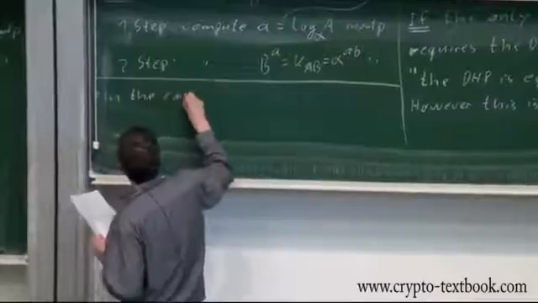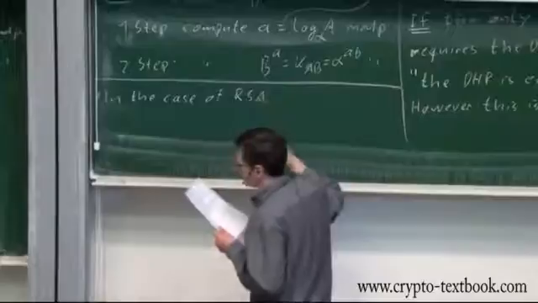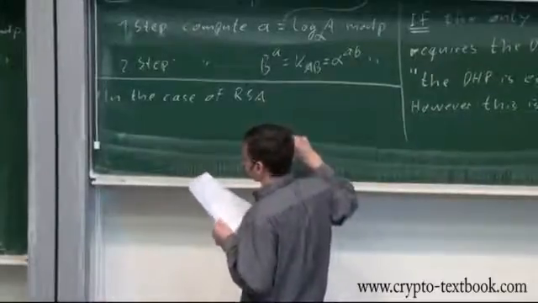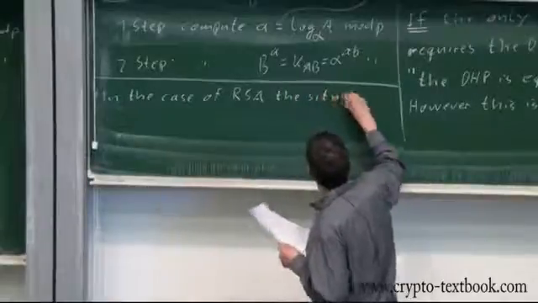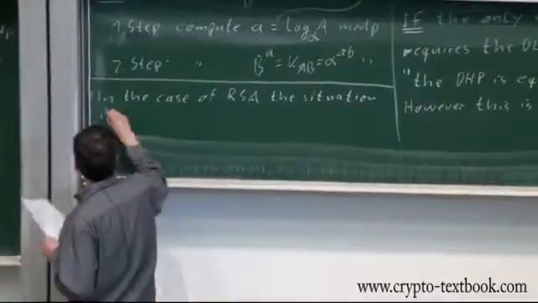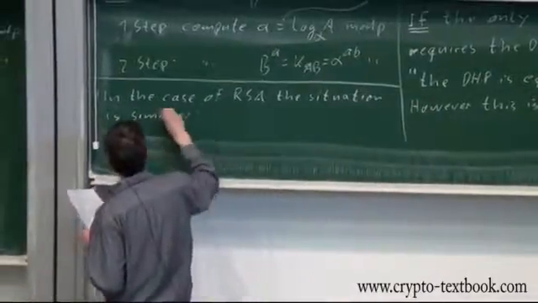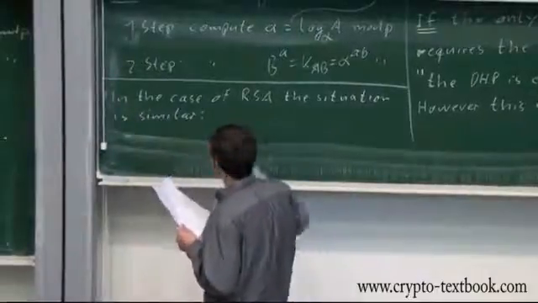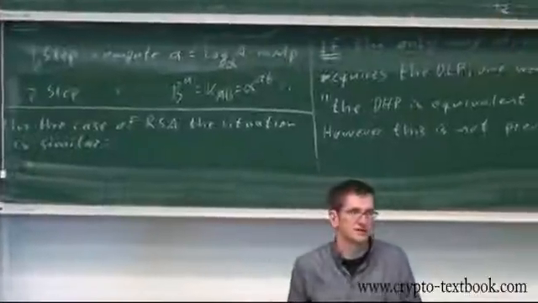In the case of RSA, the situation is similar. What is the main attack against RSA? What do we have to do to break RSA in practice?